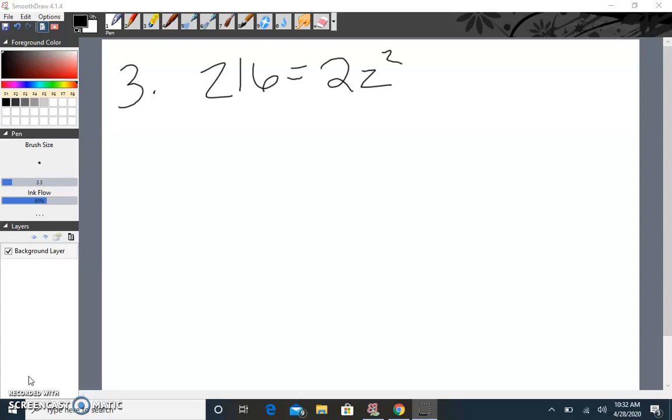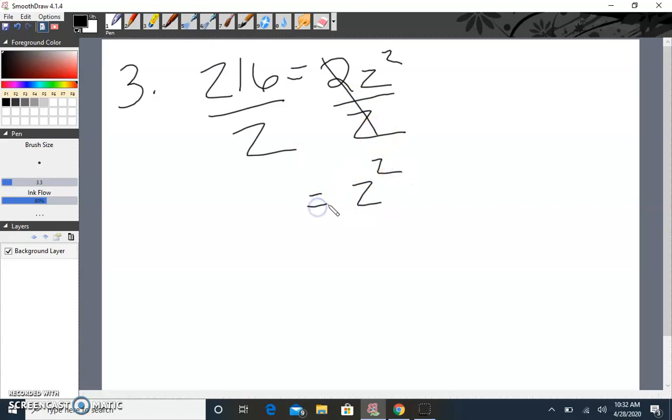So we have 216 equals 2 times z squared, so we're going to divide both sides by 2. This will give us z squared on this side. And 216 divided by 2 is 108. Okay, so now we take 108 and we need to figure out how do we get z squared to be just z.